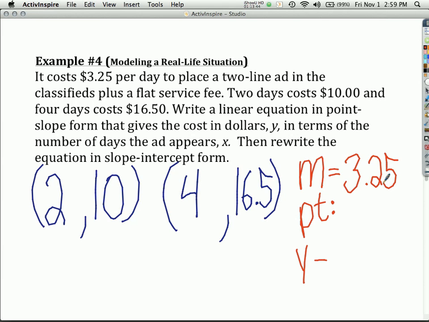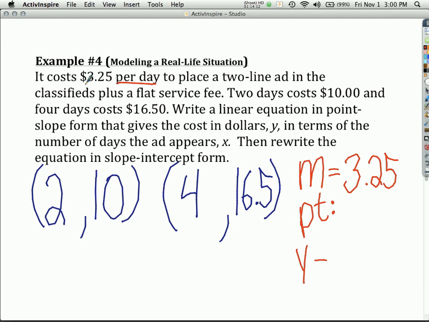Sebastian and Catalina. How could that be a slope at the end? This is supposed to be the flat fee. What do you mean? How could it be the slope? Because if you add a number to it, how could that be a slope? It's a good question. But what you're missing is the 3.25 per day. So what happens? This gets multiplied by something.